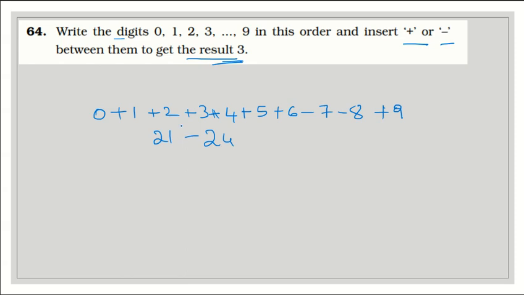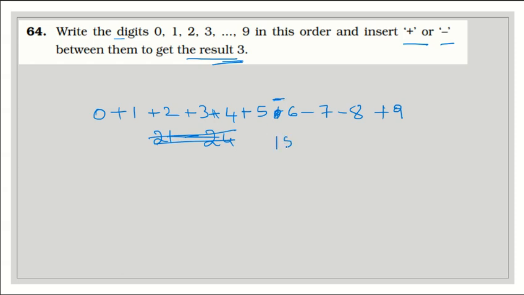That means I will have it becoming 30, rather this I will take minus now.